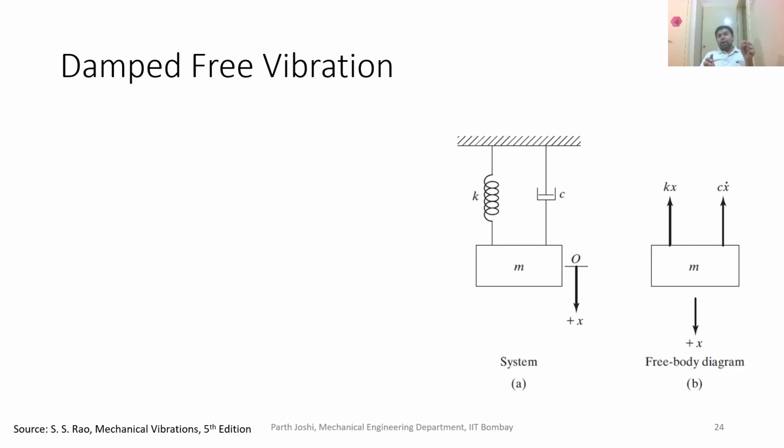Let us say the piston has some holes, and the oil is forced to pass through those holes in the orifice. That causes energy losses, which slows down that system. In reality the construction of dampers is much more complex, but we can simplify it and represent the damping force as some C into X dot.